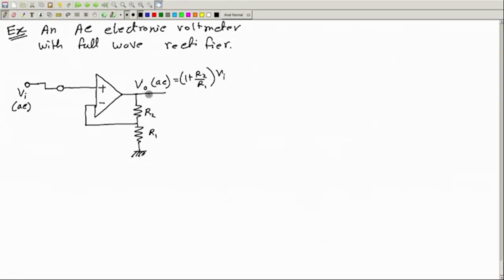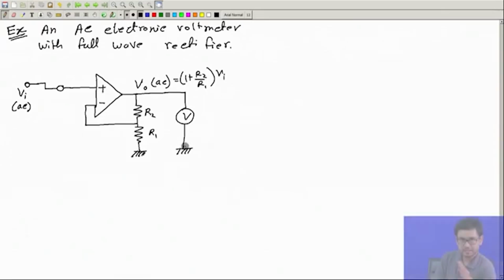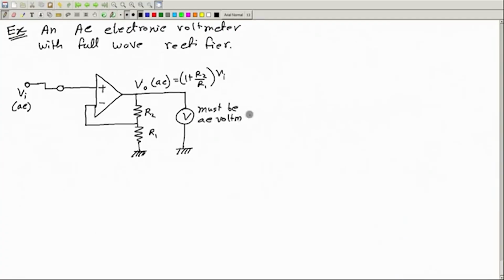But this is AC, and now we can measure it using an AC voltmeter. So this has to be an AC voltmeter, the simplest solution, like an electrodynamic one. We cannot use PMMC here.